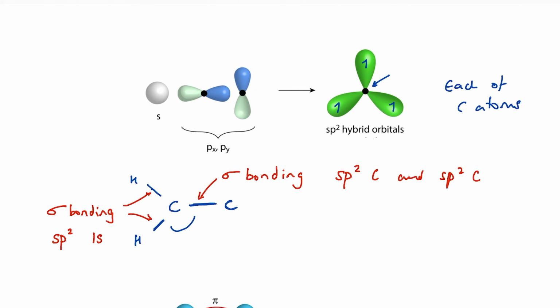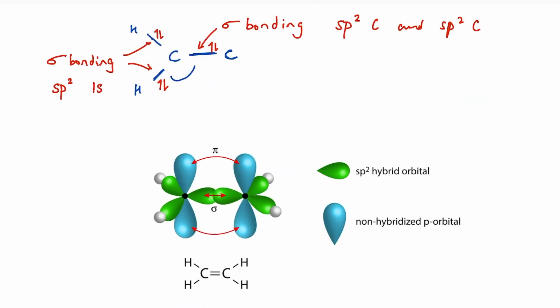And in each sigma bonding orbital, I'm going to have a pair of electrons. So that's what we can see in this bottom picture. We have got 1 sigma bonding orbital between the sp2 hybrid orbital and the 1s of hydrogen, and then as we can see here, a sigma bonding orbital between 2 sp2 hybrid orbitals, one from each carbon atom.